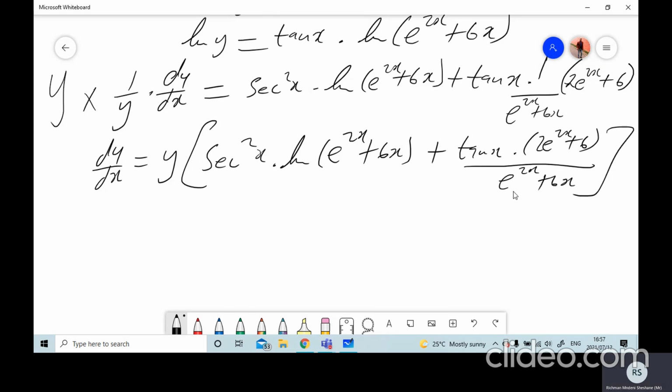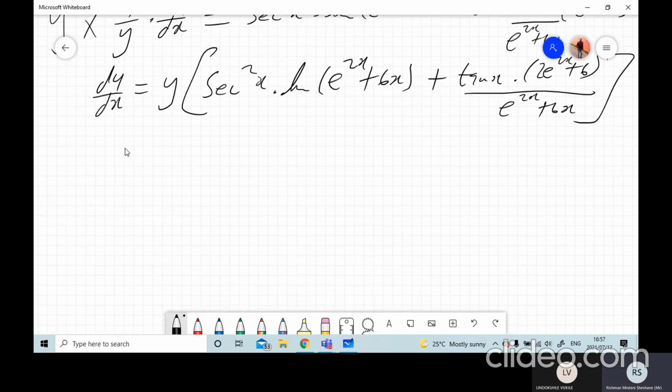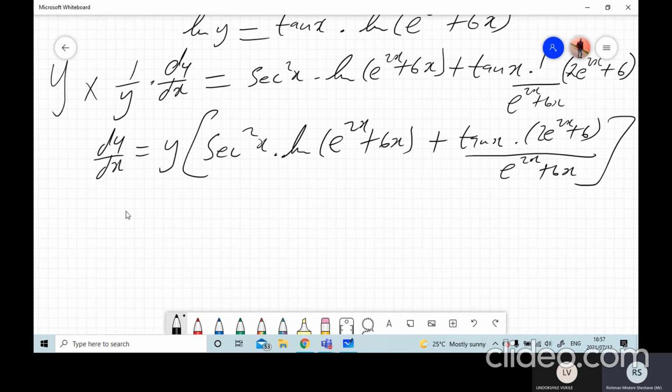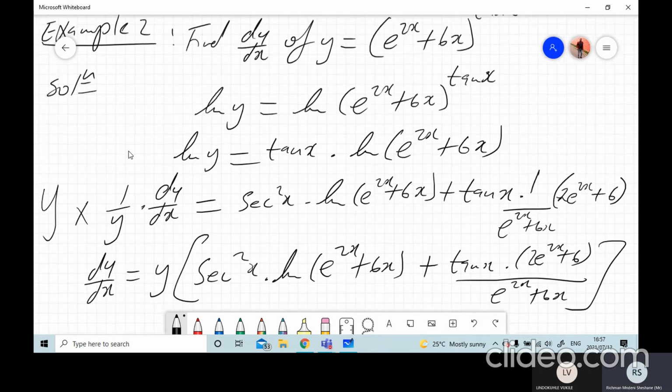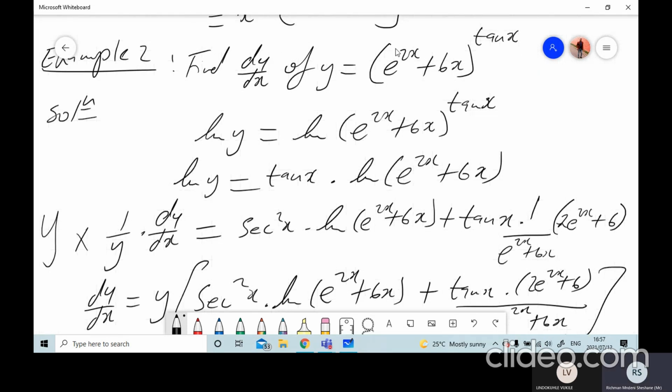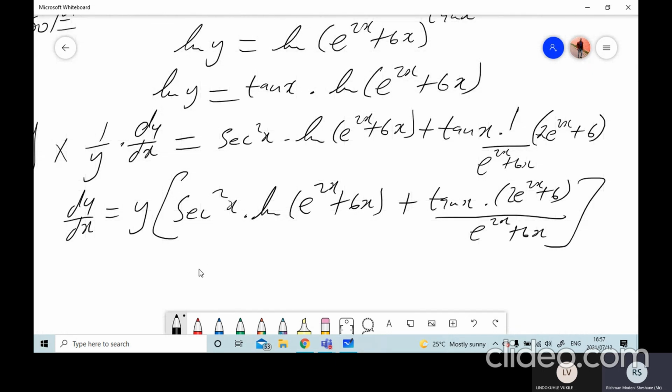Okay. Remember, you don't end here. This is your dy dx, but remember in log differentiation, I told you y is always given. So this y is this function. You say y, this is y. So you always need to substitute this function at the end.